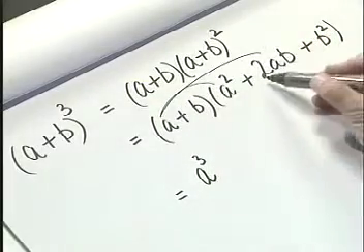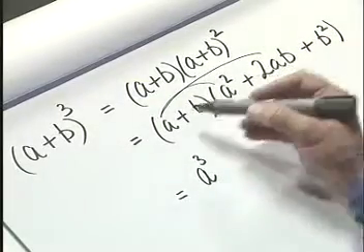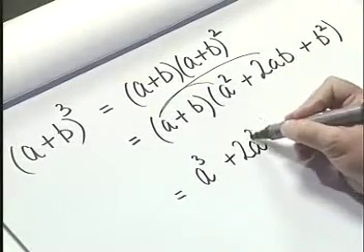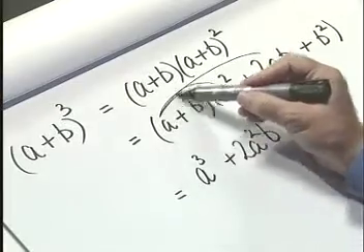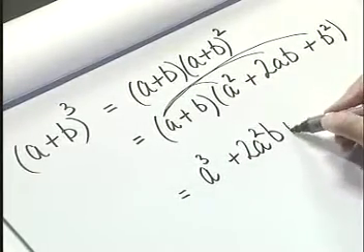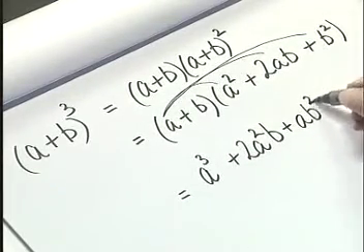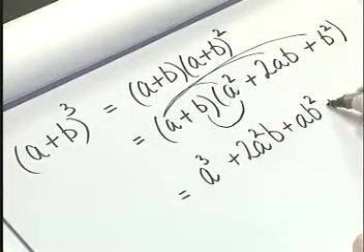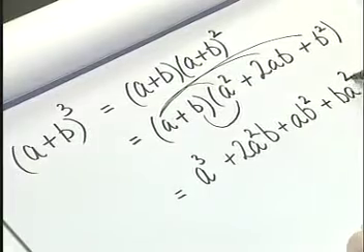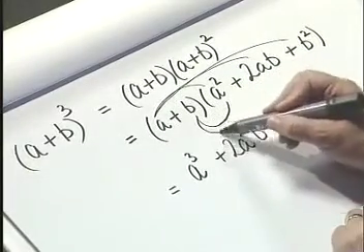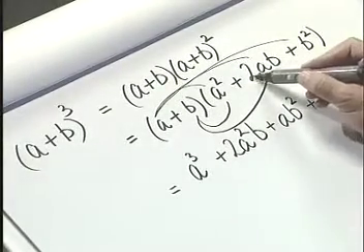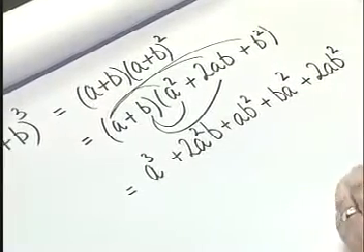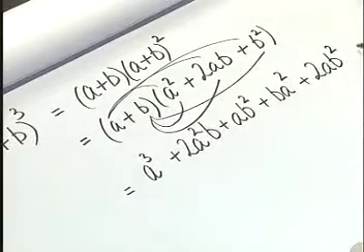A multiplied by 2ab, which is 2a squared b. A multiplied by b squared, which is ab squared. We've b multiplied by a squared, which is ba squared. We've b multiplied by 2ab, which is 2ab squared. And finally, b multiplied by b squared is b cubed.